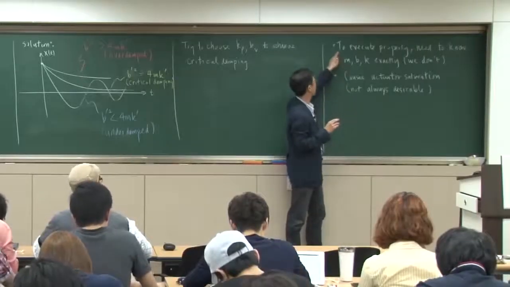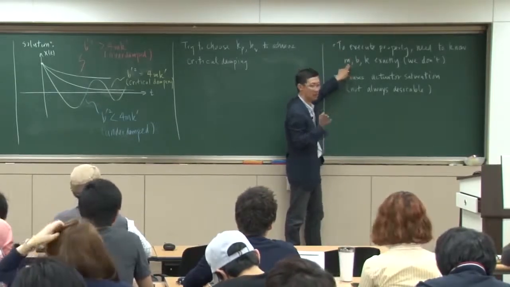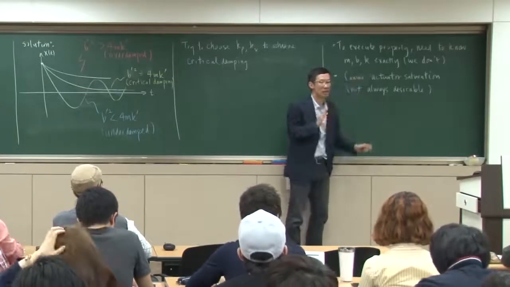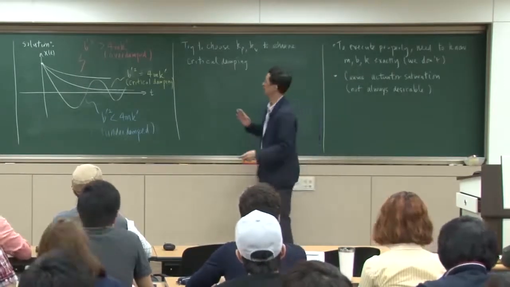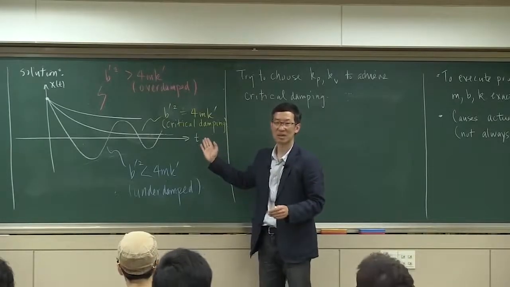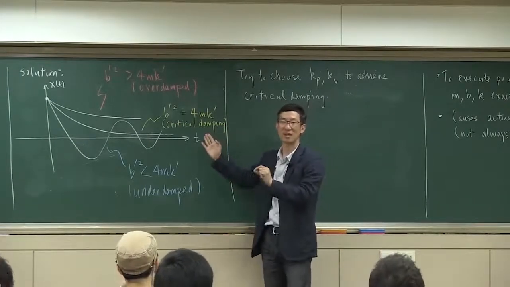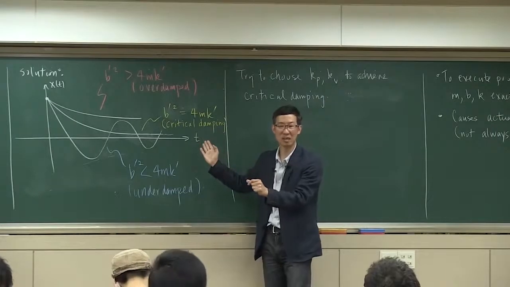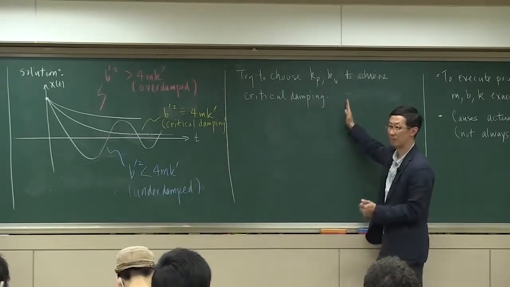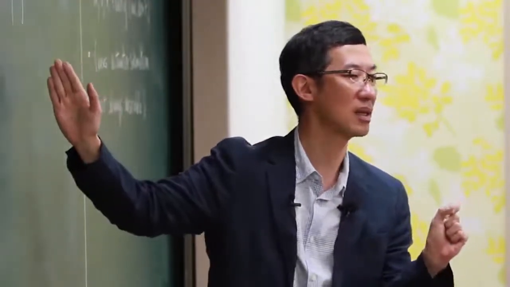Well, remember here, we said that we don't know the exact values for M, B, and K. Because if we did, we wouldn't have to do this, right? So you try. You might have to do some experiments, some little tuning. But you try to achieve this critical damping. You may not always get it.